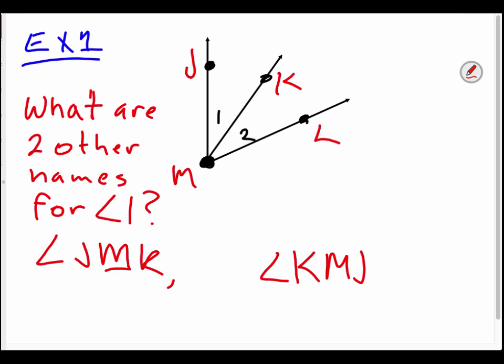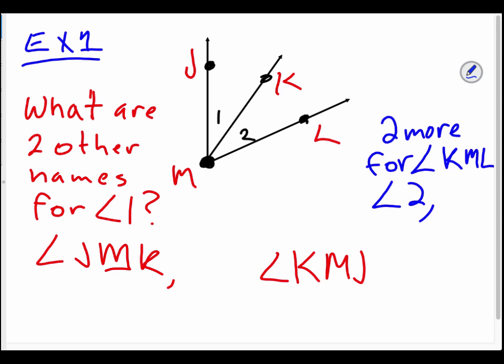The other thing that they want us to try to do, can we do the same thing? Can we come up with two more names for angle KML? Well, I would say that we could definitely say angle 2, and we could say angle LMK.